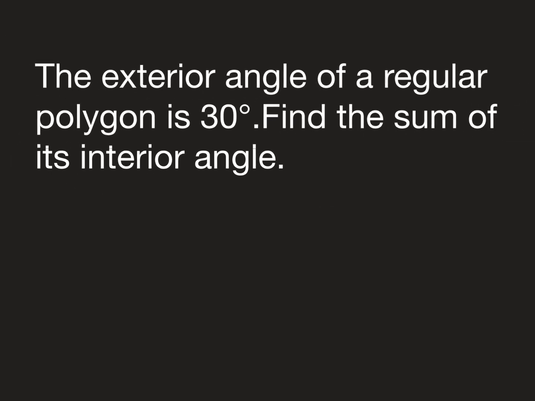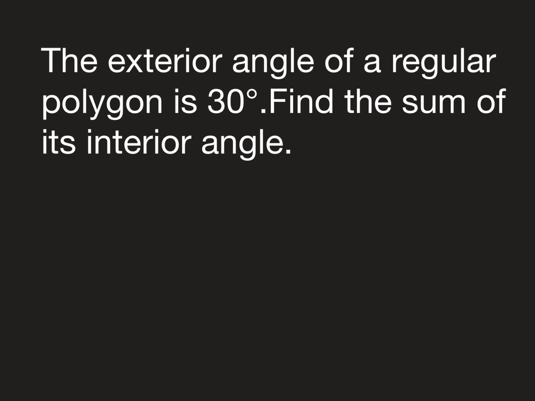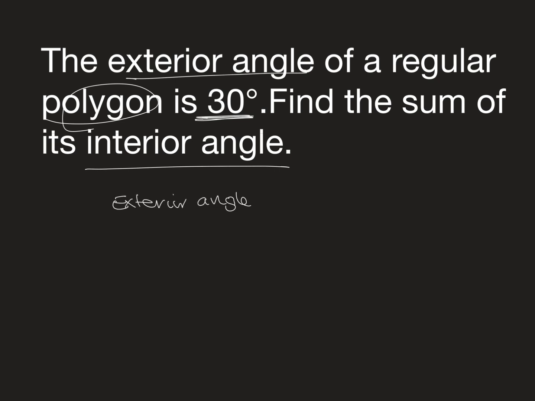Moving on to the next question, it says the exterior angle of a regular polygon is 30 degrees. Find the sum of the interior angles. Here we don't know the number of sides of the polygon, okay? But we know that the exterior angle is 30 degrees.